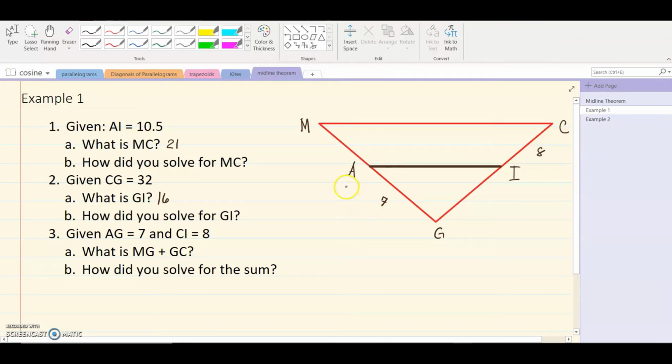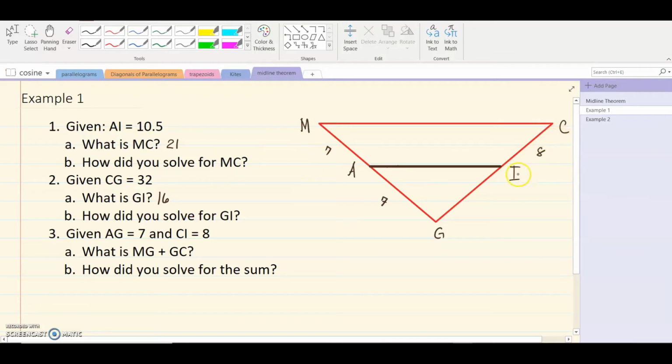So assuming that this side is not equal to this side, because obviously since AG is 7 and A is the midpoint of this side MG, most likely the remaining side will also be 7.